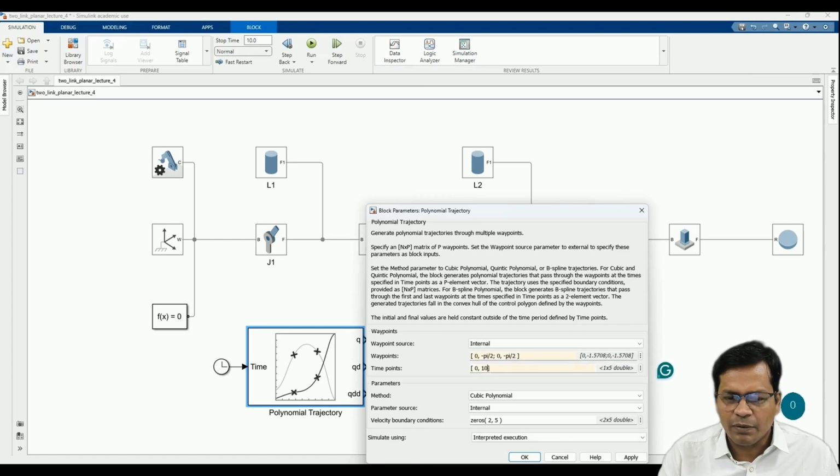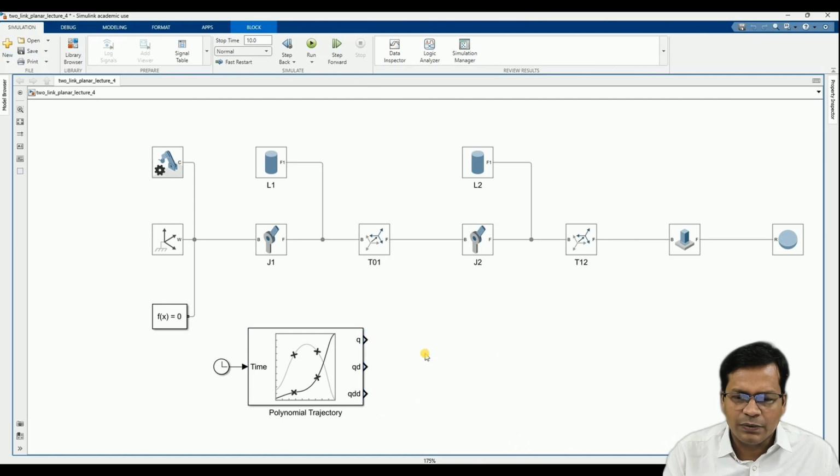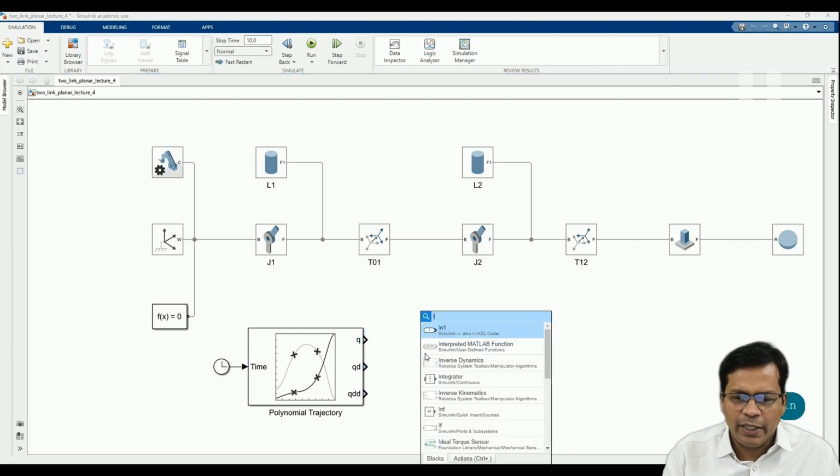This is the waveform for the time points 0 to 10. So from 0 to 10 seconds, which is the total simulation time, both the first and second joints will go from 0 to pi by 2. The velocity boundary condition is 0, 0, so it starts with zero velocity. It gives me joint angles as well as joint rates. So it is calculating the polynomial trajectory as joint angle, joint rate and joint acceleration.